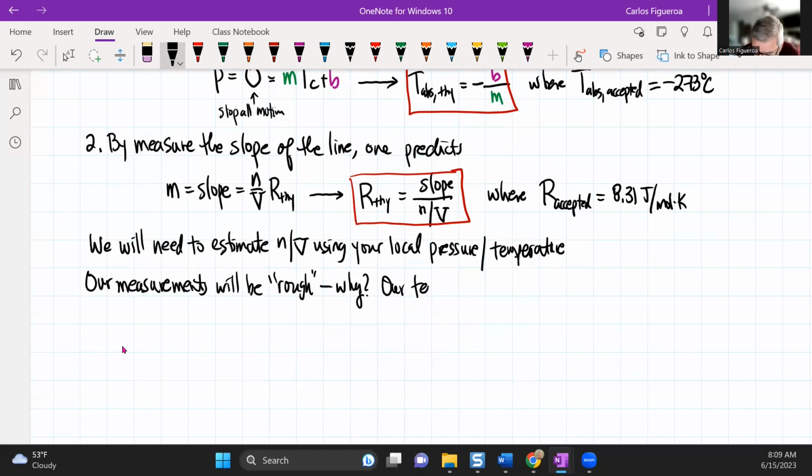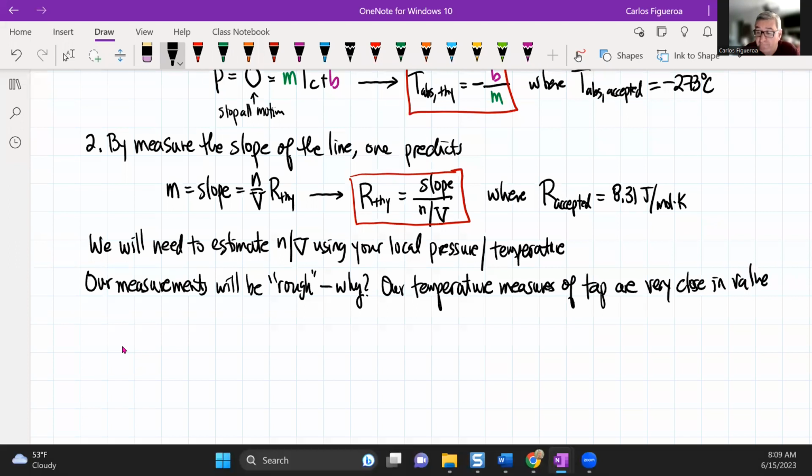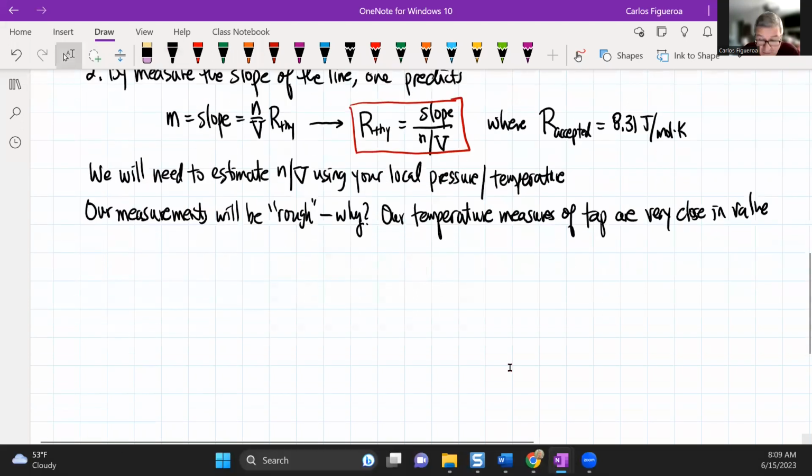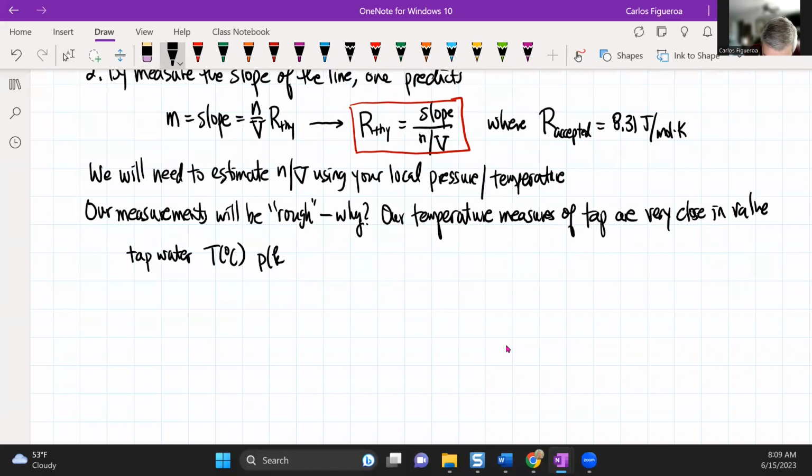Our temperature measurements of tap water are very close in value. So what I mean by that, you're going to set up a table. So you're going to have tap water. We're going to set up a temperature in degrees Celsius. We're going to set up pressure in kilopascals. And the way we're going to get our measurements is we're going to do it like this here.